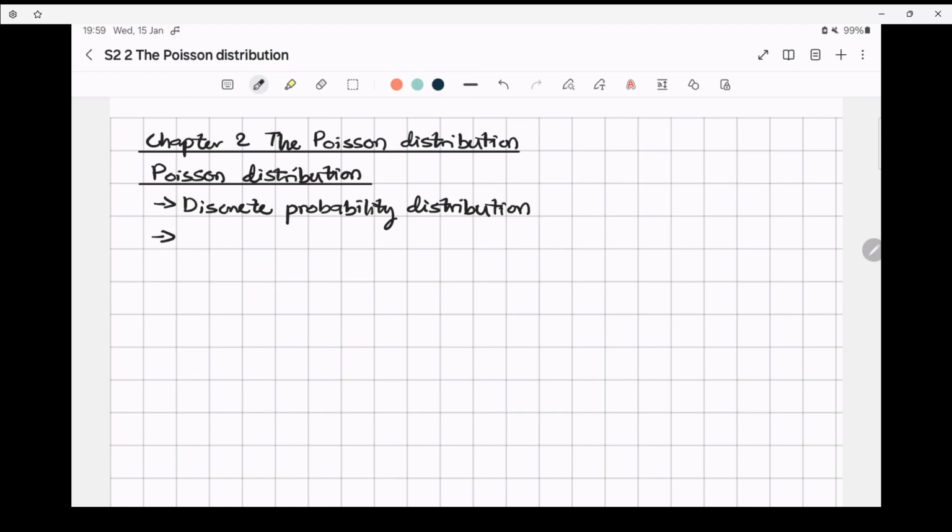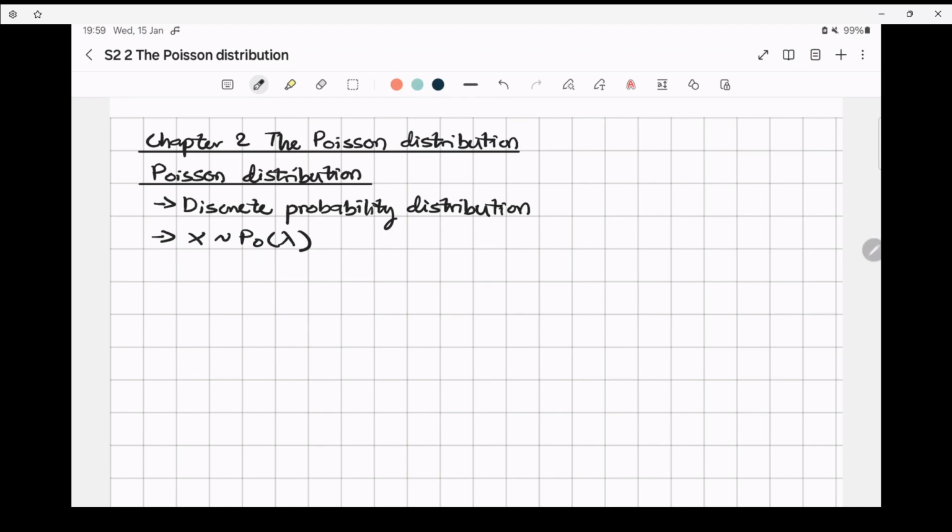So usually we will write something like this. X is distributed by the Poisson distribution, and it only depends on one parameter, which in this case I call lambda.